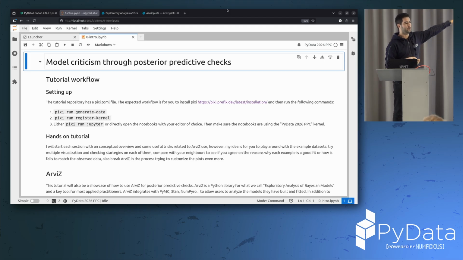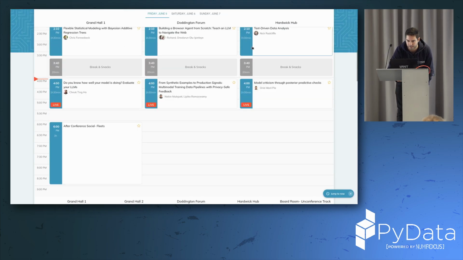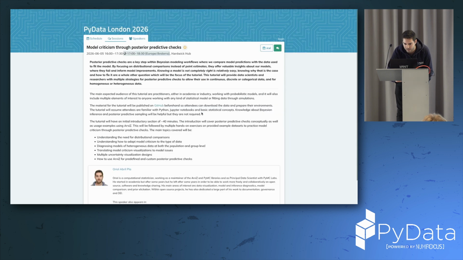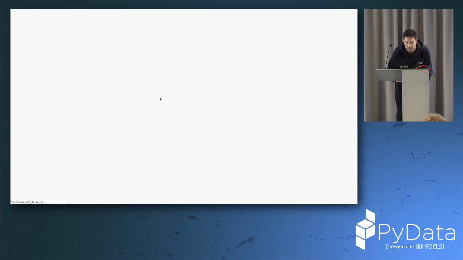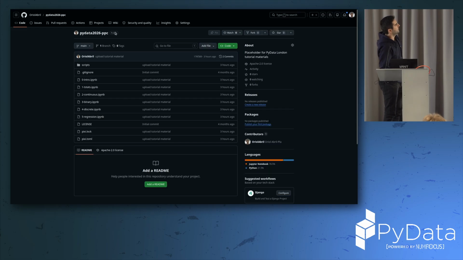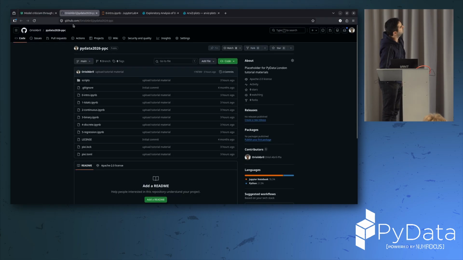In the meantime, if you can start, you should have the link to the repo here, on GitHub. So it's Oriol Abril, Pydata 2026 PPC.